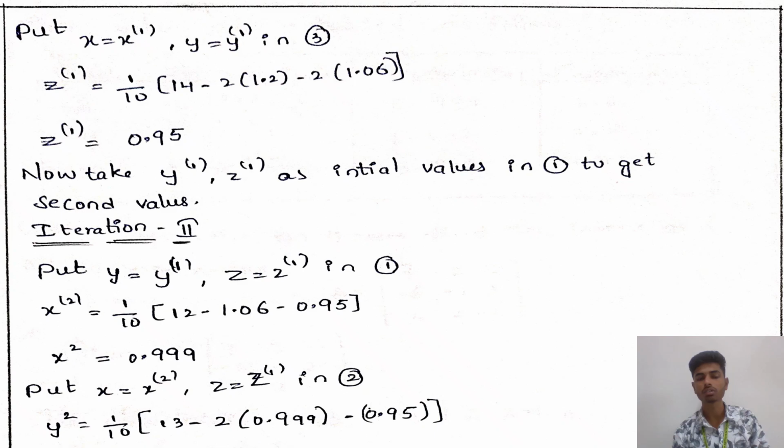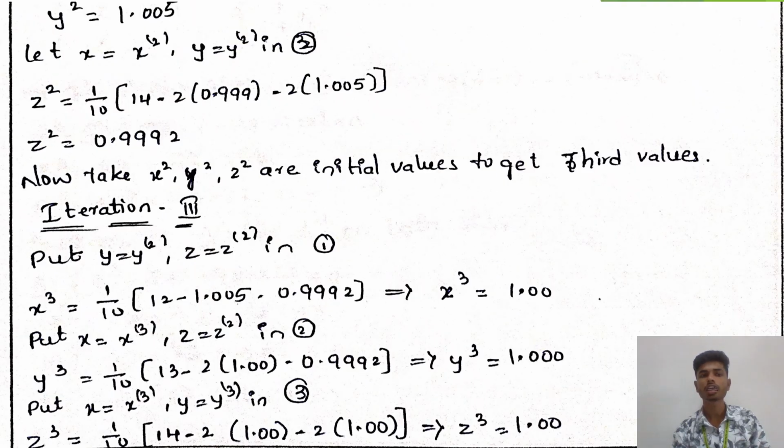Then we get the y2 value: y2 is equal to 1 by 10 into 13 minus 2 into 0.999 minus 0.95, so y2 is equal to 1.005. Let x is equal to x2 and y is equal to y2 and substitute these values in equation 3. Then we get the z2 value: z2 is equal to 1 by 10 into 14 minus 2 into 0.999 minus 2 into 1.005, so z2 is equal to 0.9992.